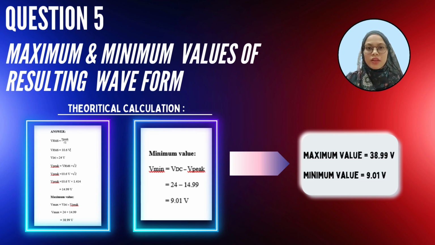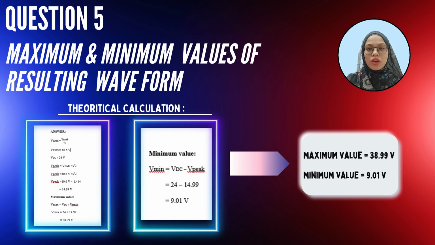After that, the DC voltage shifts the entire sine wave vertically by 24 volts. Therefore, when the sine wave is at its peak, which is 14.99 volts, the total voltage is Vmax equals VDC plus V peak, where 24 plus 14.99, and we get the maximum value of 38.99 volts.